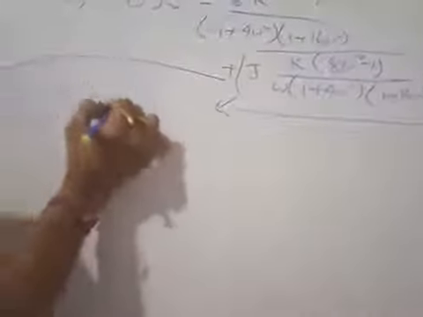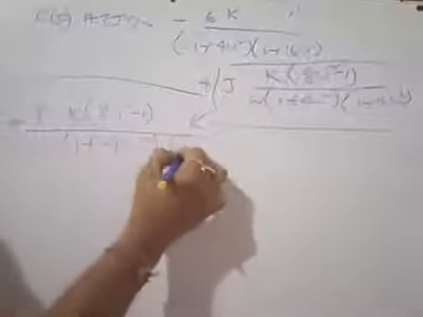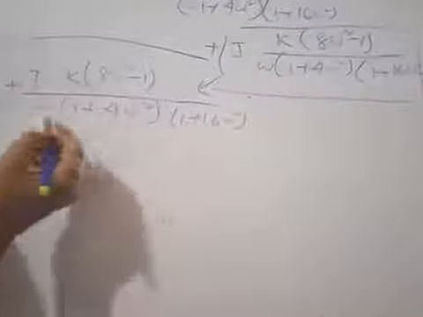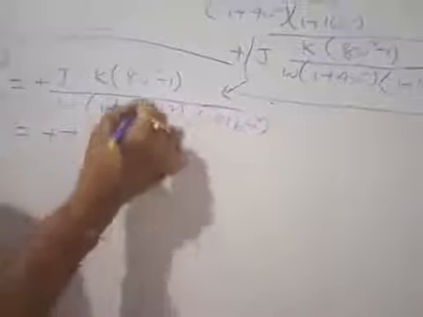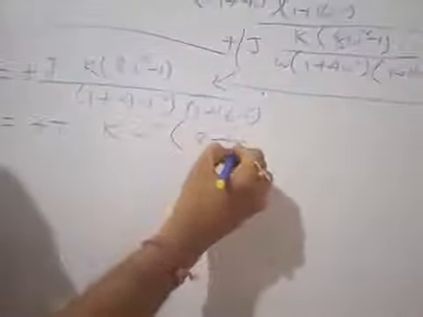So we take this term as plus j k into (8 omega square minus 1) into omega, over (1 plus 4 omega square) into (1 plus 16 omega square). What you have to do is take the highest power of omega square. The highest power in the numerator is omega square, take it out as the common factor. So this is plus j k; if omega square is taken out, what you get is 8 minus 1 by omega square.